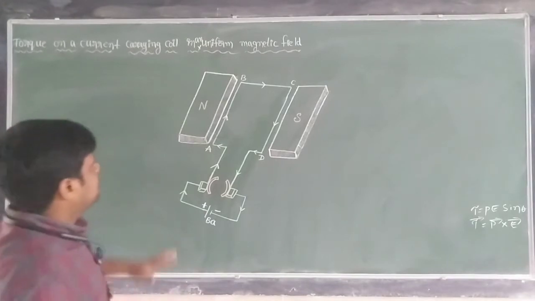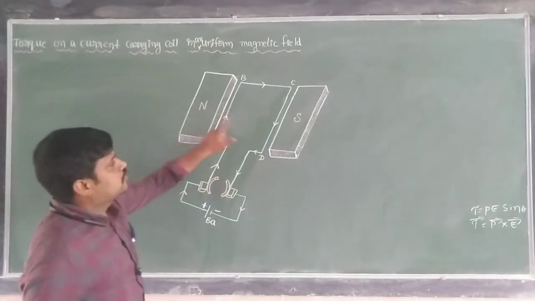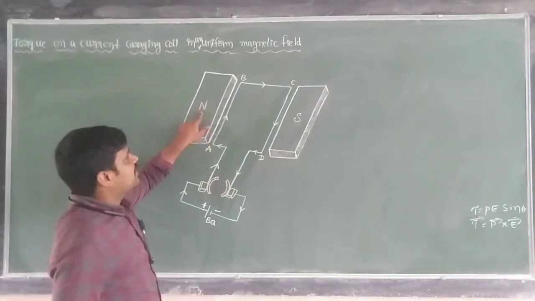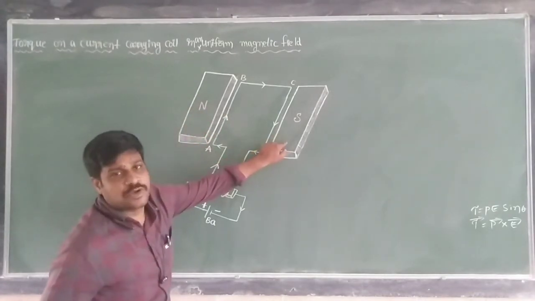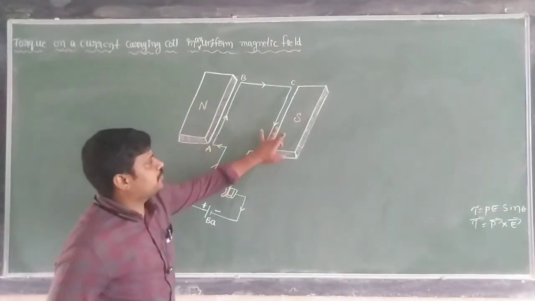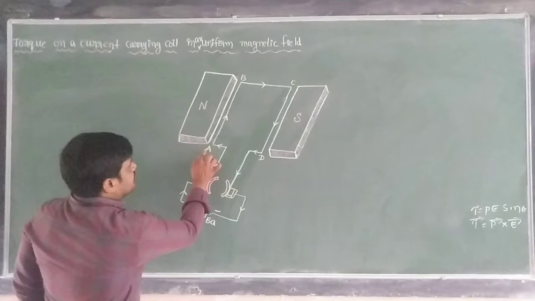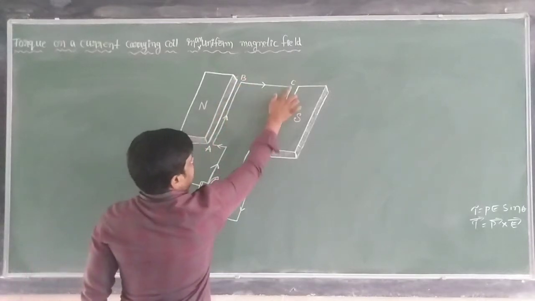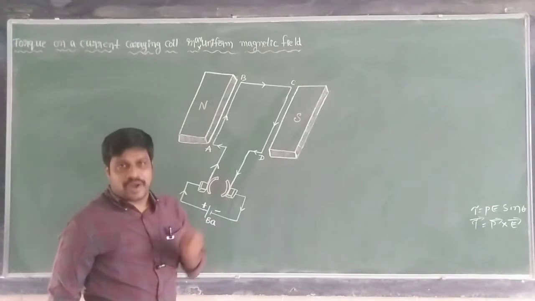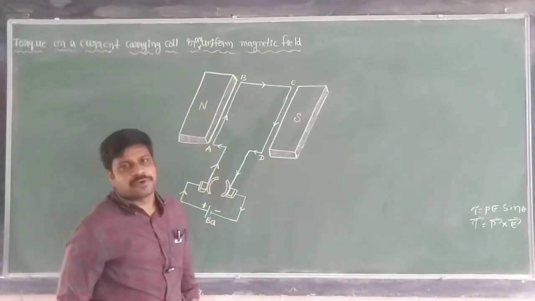Very first, here I have taken two poles: this is the north pole of the bar magnet and this is the south pole of the bar magnet. In between the north and south poles, here A, B, C, D is a rectangular shaped coil.